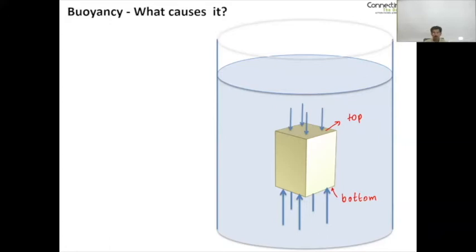They are not, because the top surface is at a certain depth and the bottom surface is at a much greater depth. And remember, we have already discussed that pressure depends on the depth. Greater the depth, greater the pressure. So the top surface experiences less pressure and therefore less force than the bottom surface.